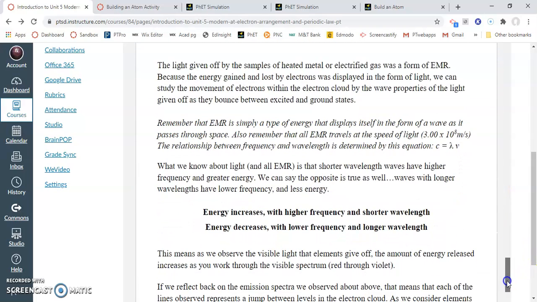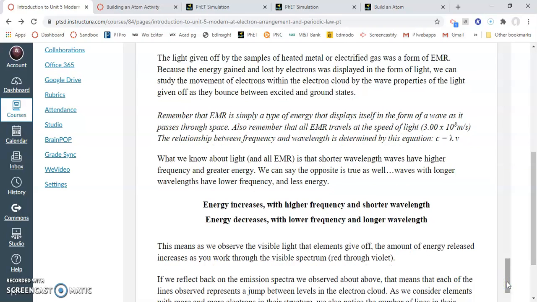Now, the light given off by samples was EMR, so we got to remember that. We have to remember that all EMR travels at the speed of light, and that what we really need to understand conceptually is that energy increases when frequencies are higher and wavelengths are shorter.